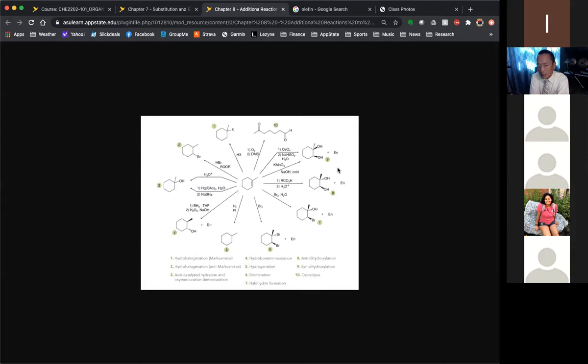But what I'm going to tell you is, of these 10 different reactions, 12 total different sets of reagents, 8 of these reactions, or 7 of these reactions, can all be put into one category that all follow the same exact mechanism.